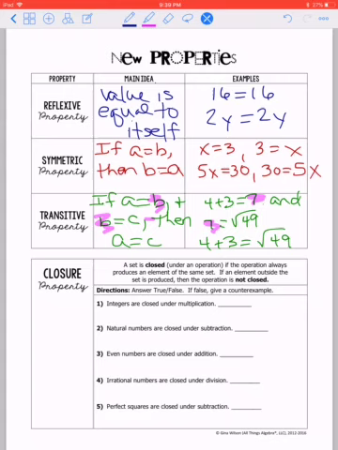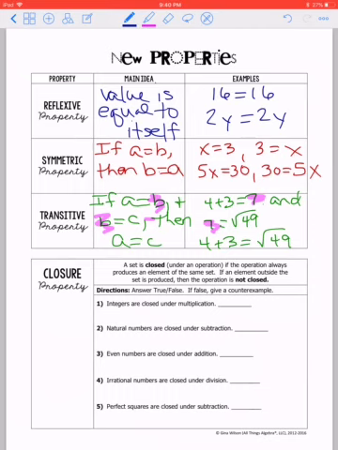Last part. A closure property. This means, and you can read it there, a set is closed if this happens, or if not, then it's not closed. In order to be closed, if I add, subtract, multiply, whatever operation I'm asking, the same type of numbers, so remember we just talked about the real number system, if I get that same type of answer, then it's a closed set.